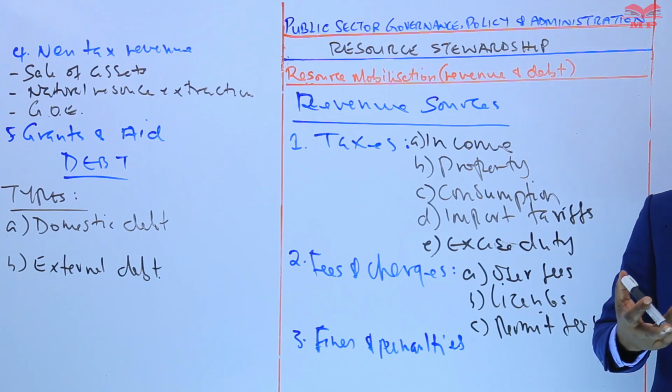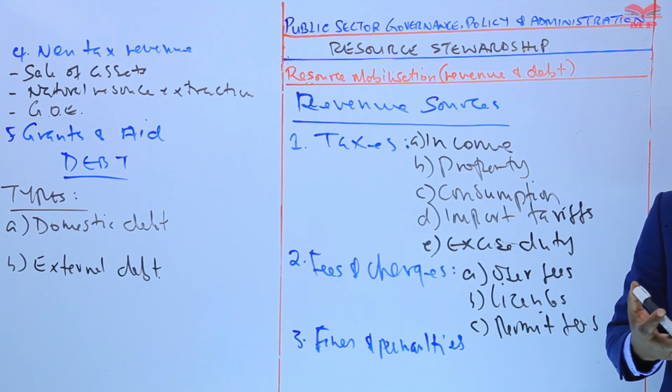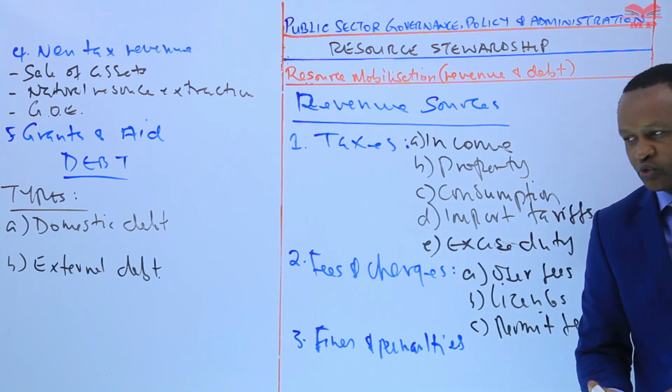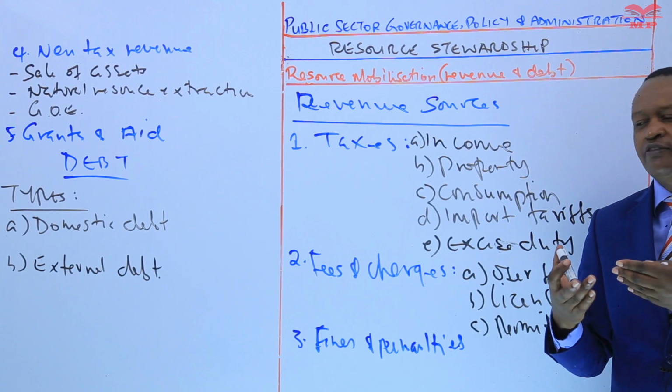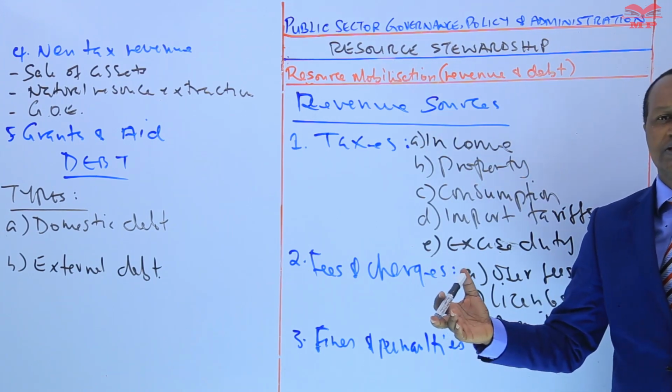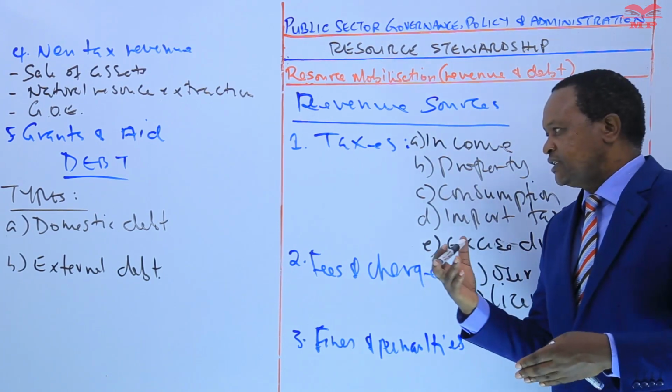An efficient resource mobilization also requires diversification of revenue sources, because relying on a variety of revenue sources can reduce dependence on any single source and also mitigate risk.